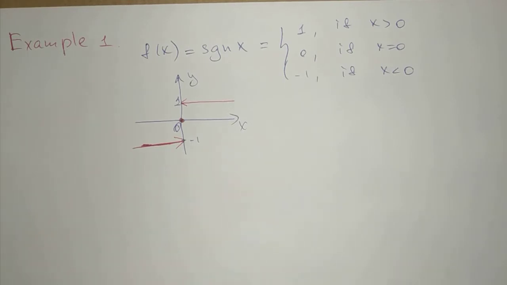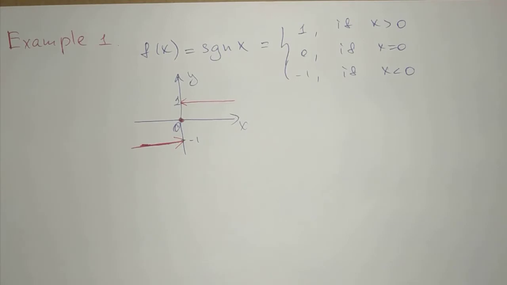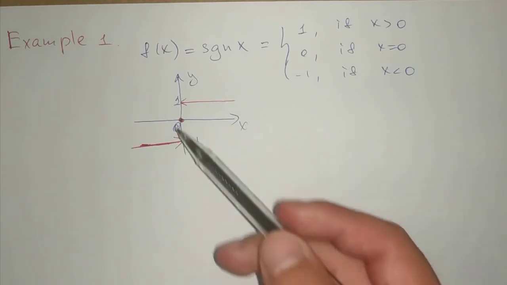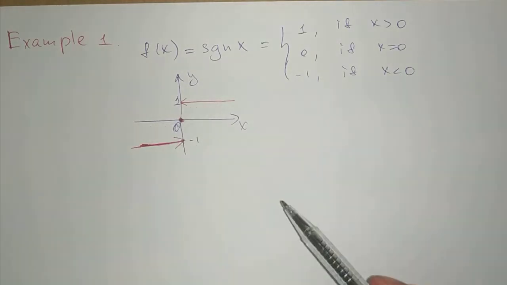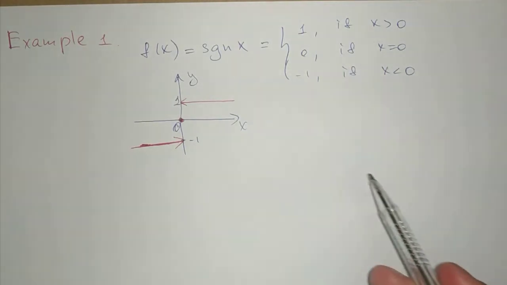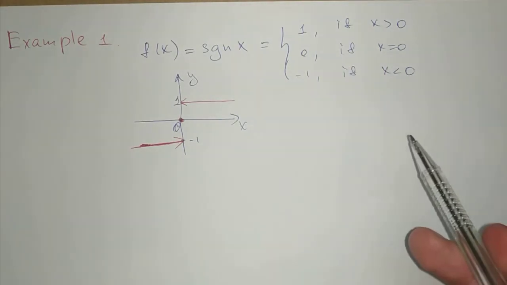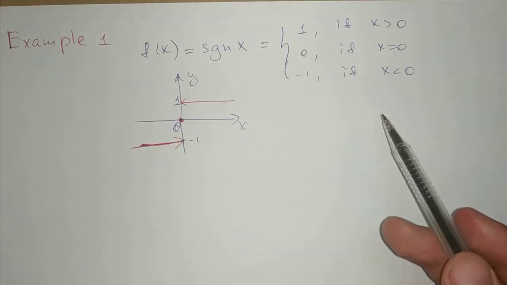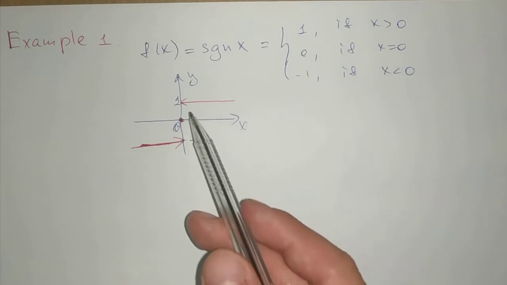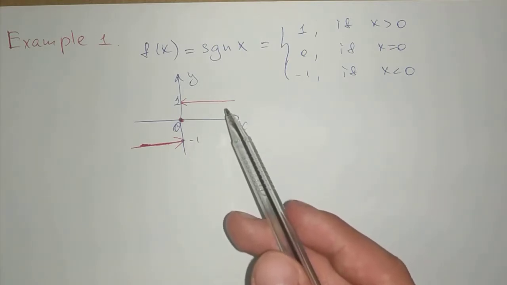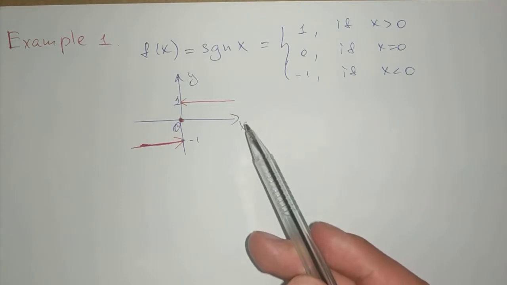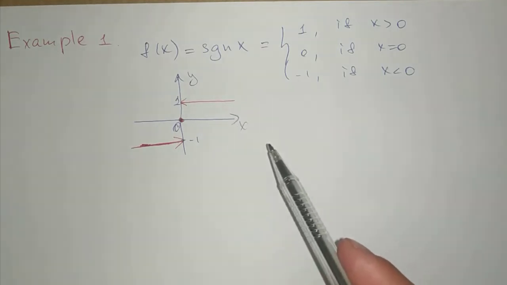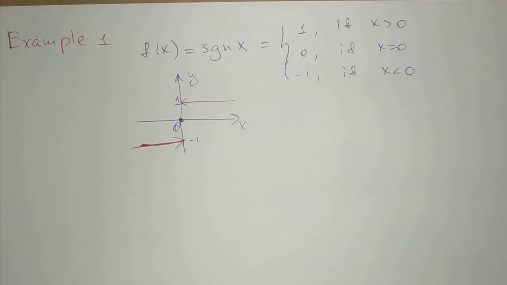In this case, we can say that the point of discontinuity is 0, because you can see here we have one-sided limits, and both of them exist. The left side limit is minus 1, the right side limit is 1, but the limit of the function does not exist. That's why it is the first kind of discontinuity.